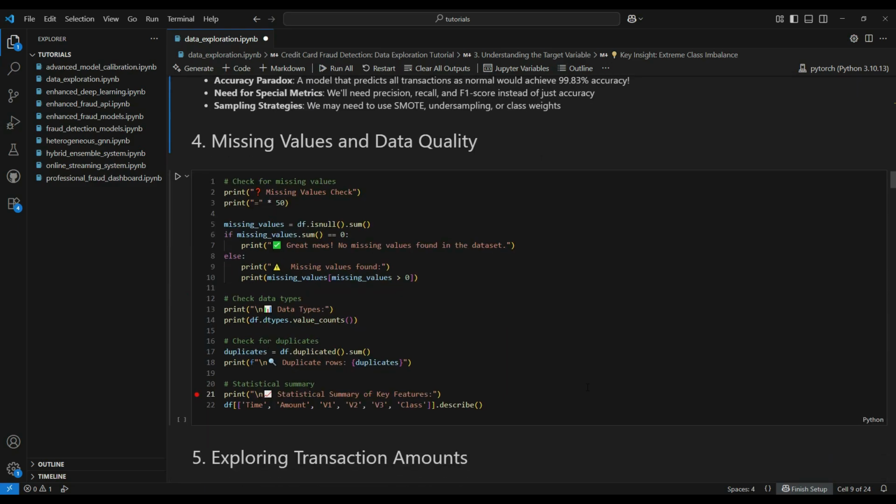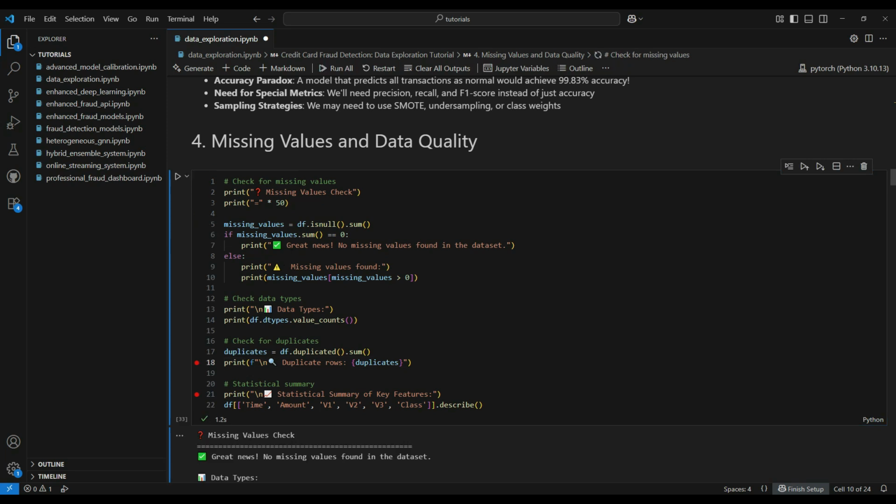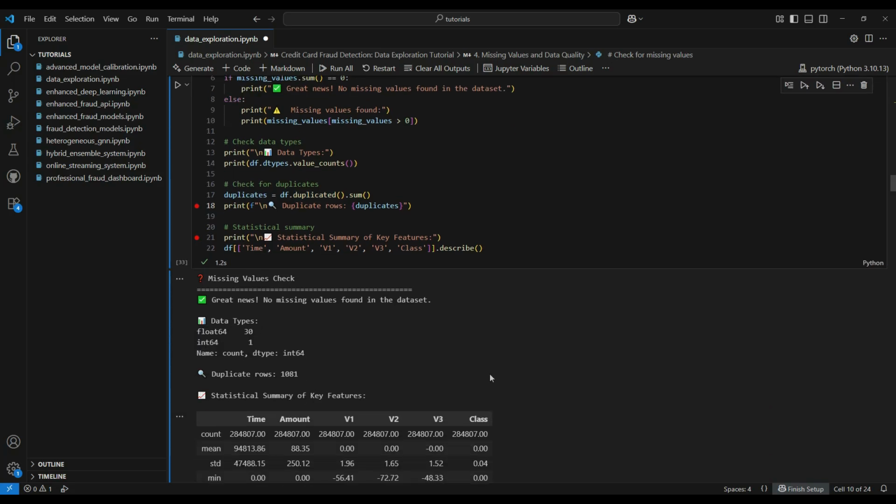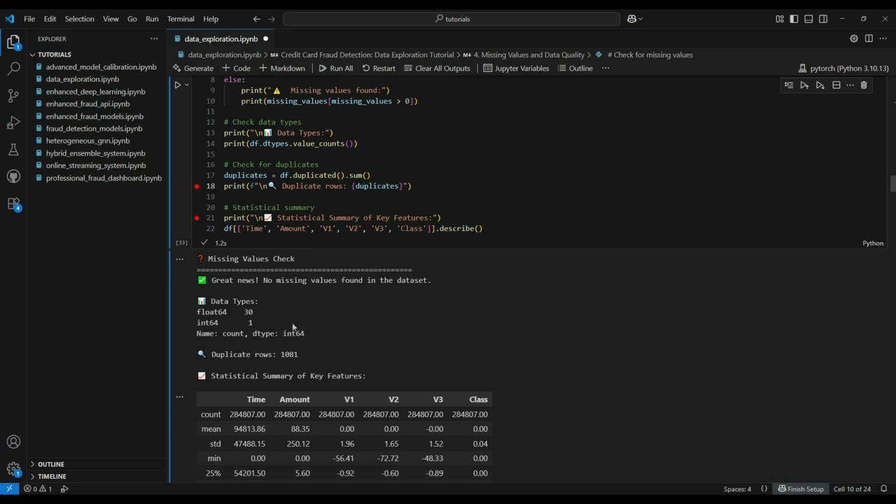So now let's check our data quality. This is always very important before we model. I'm checking for missing values, looking at the data types, counting duplicates, and showing statistic summaries. It's great, we don't have any missing values. We have 30 float columns and one integer column.